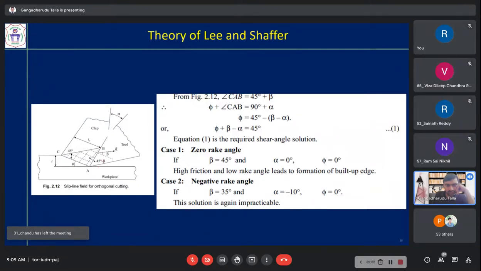If anybody knows this, they can also talk. I have seen this, but forgot somehow. Angle CAB is 45 plus beta. Beta is the angle between F and N.